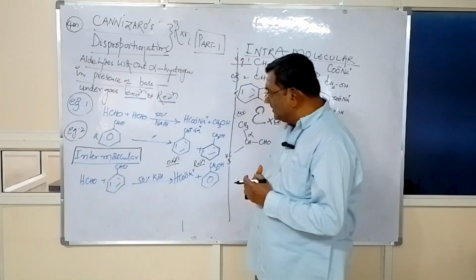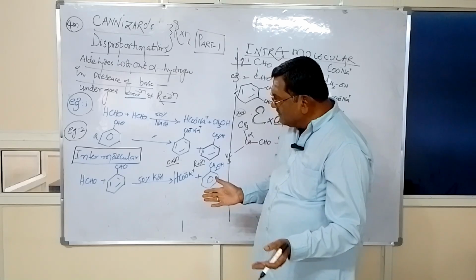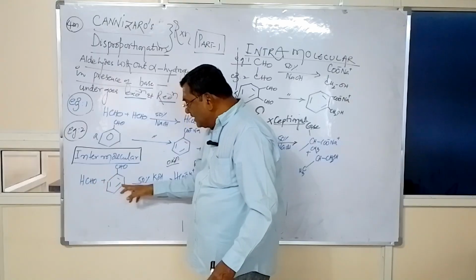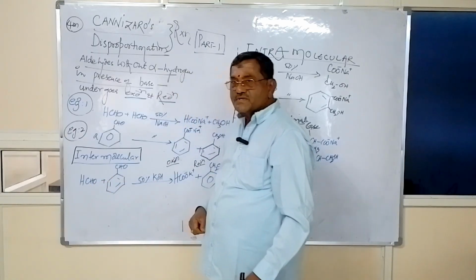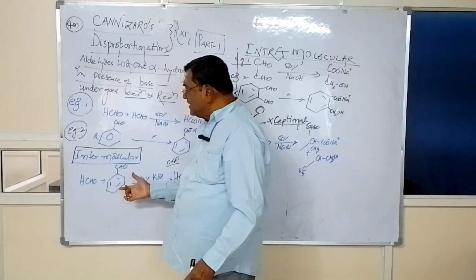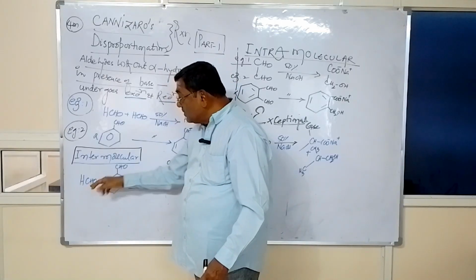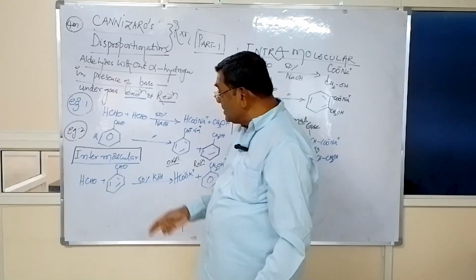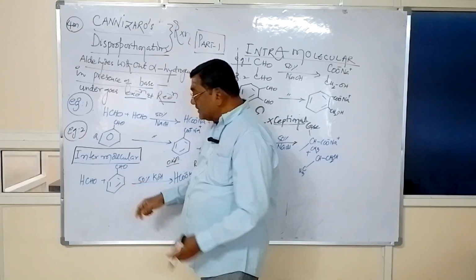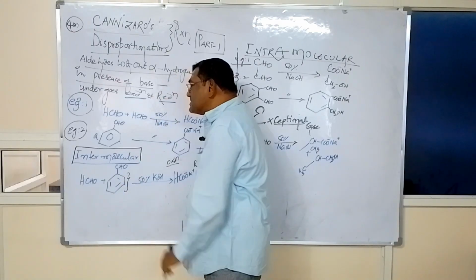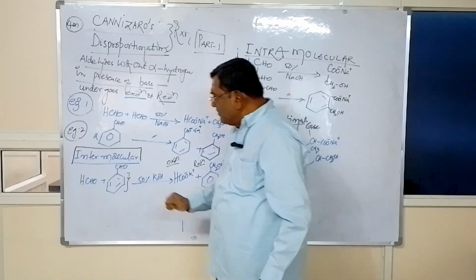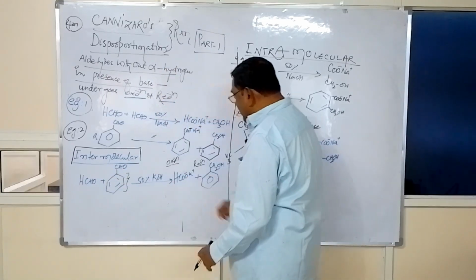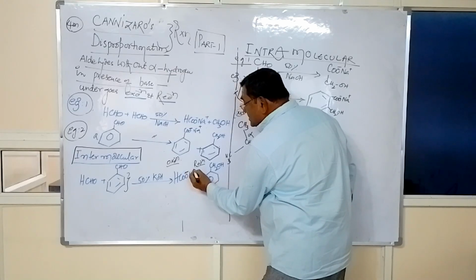Let's go for intermolecular. When we go through that, formaldehyde is taken with benzaldehyde. Benzaldehyde undergoes resonance, whereas formaldehyde has no plus I effect or minus I effect groups. But here there is a little minus I effect group, that's the benzene. Listen, the simpler aldehyde undergoes oxidation and gives rise to potassium formate.